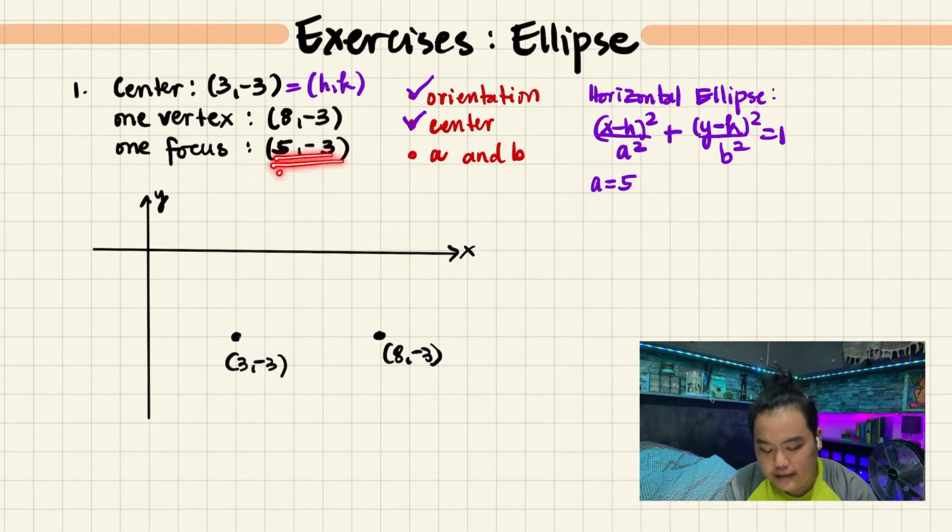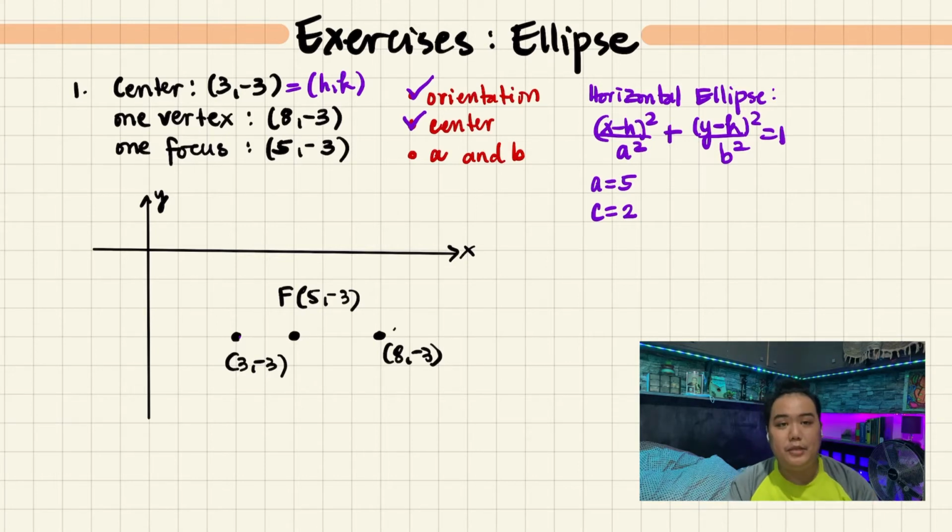Yung focus natin is at 5, negative 3. Nasaan yun? So, andito isang focus. At malalaman mo yung distansya ng center to focus, which is 2 units. At ang sabi natin, center to focus is C. So, in this case, 2.